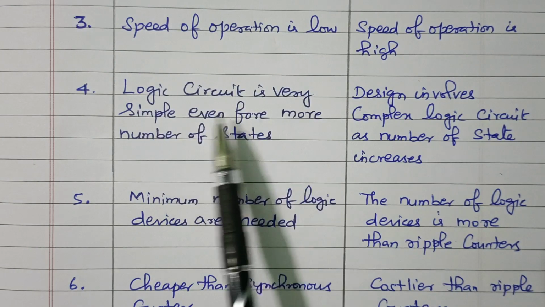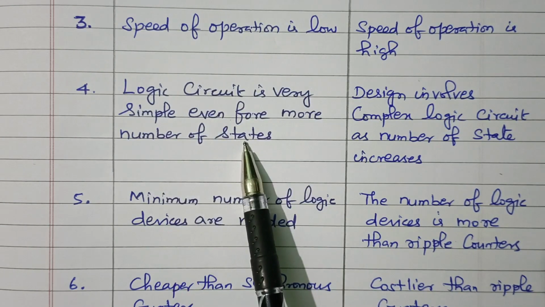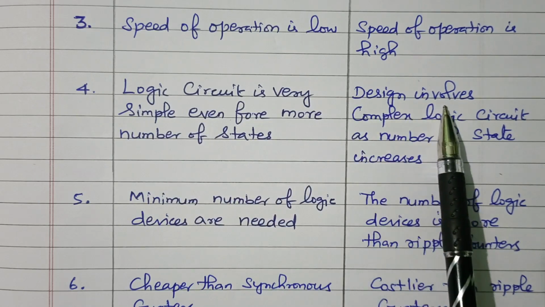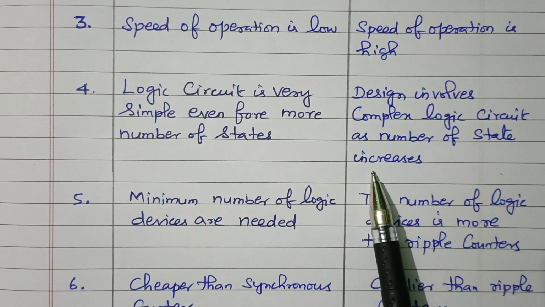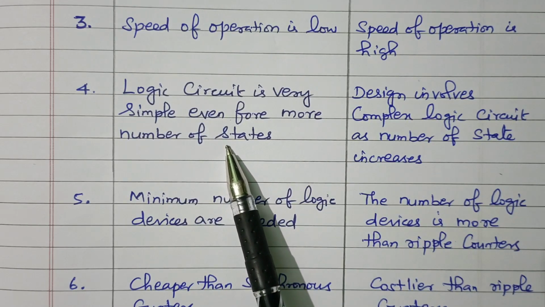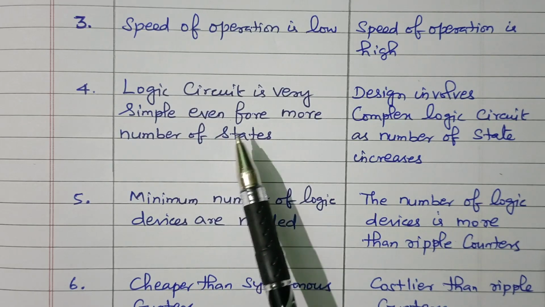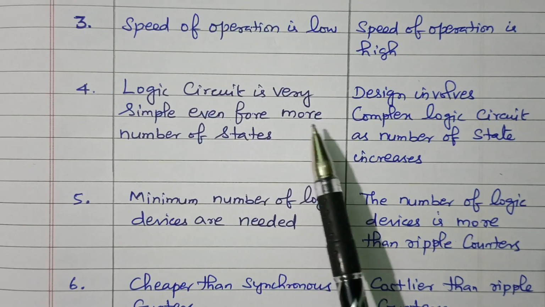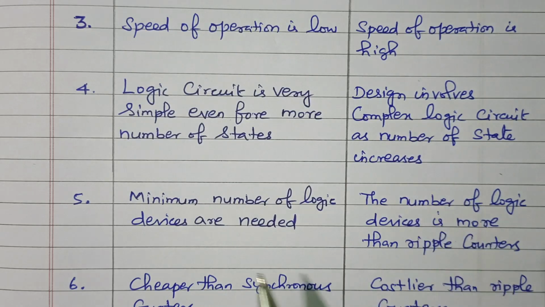In the asynchronous counter, the logic circuit is very simple, even for more number of states. The synchronous counter involves a complex logic circuit as the number of states increases, but the ripple counter is very simple because we are not triggering simultaneously. It depends on one-by-one flip-flops being triggered, but here all the flip-flops are triggered, so we need to check the logic circuit.